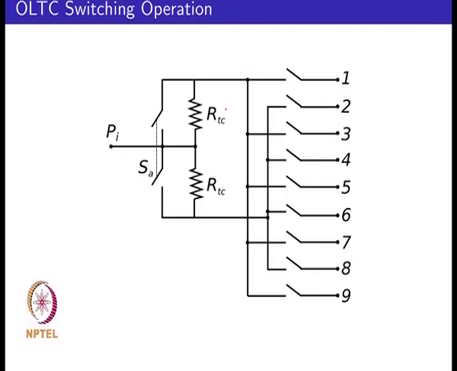A sequence of actions for the tap changing could be, say originally you are connected to tap 1, so this switch is closed, and under normal conditions your switch SA would also be closed.